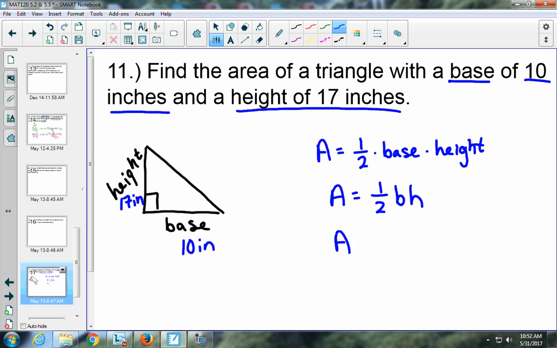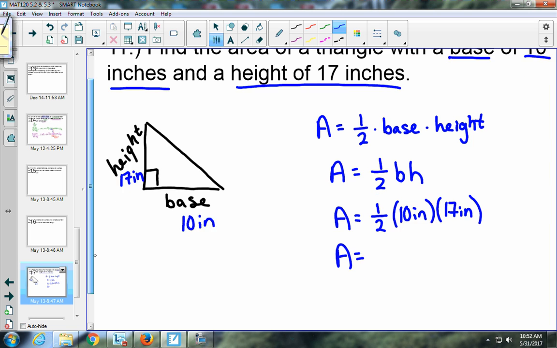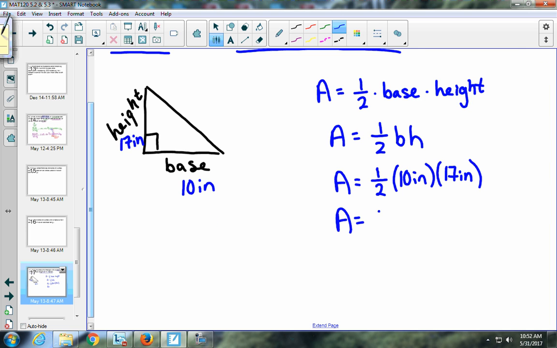So if we substitute in the numbers from this problem, the base of the triangle is 10 inches. The height of the triangle is 17 inches. So we multiply out the numbers. Our 1/2 times 10 is 5, and we keep those inches attached.